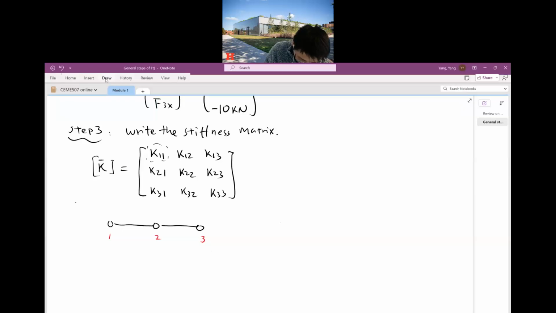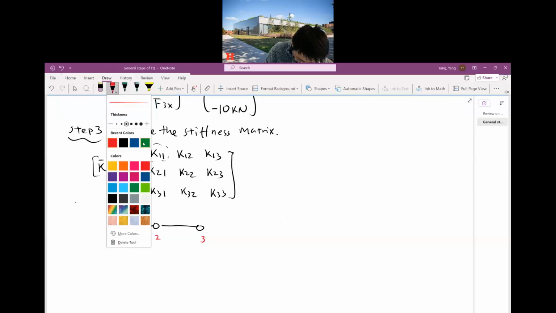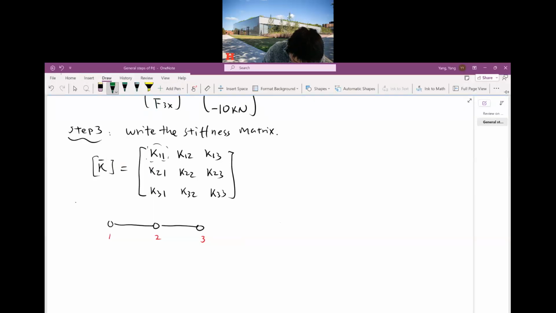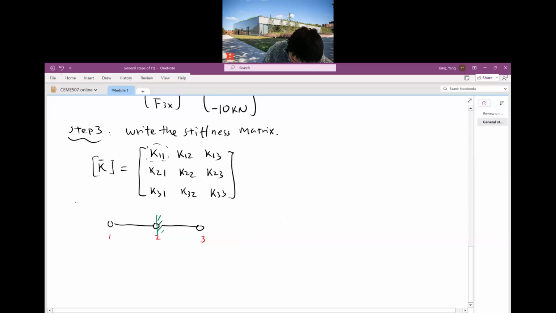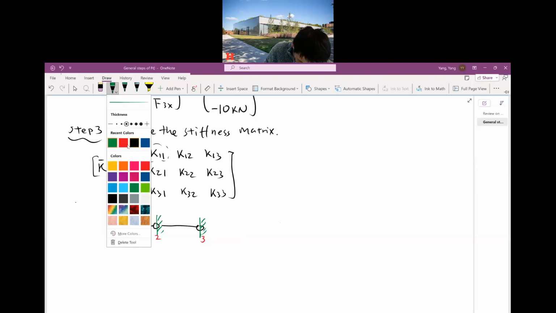So now firstly we fix the other degrees of freedom over here. Then we induce a unit displacement here.